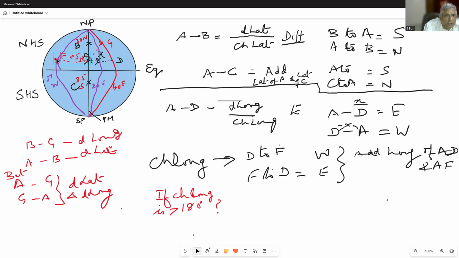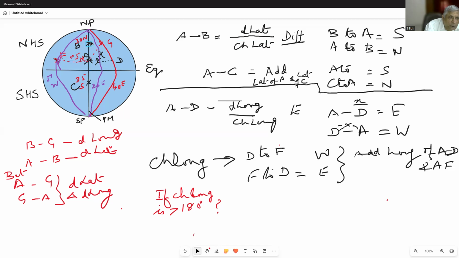Let us first understand what is dlat, or difference in latitude or change of latitude, between two places. And let us say we have taken this place A and B at the moment. Read the latitude of both in degrees and minutes and find out the difference.